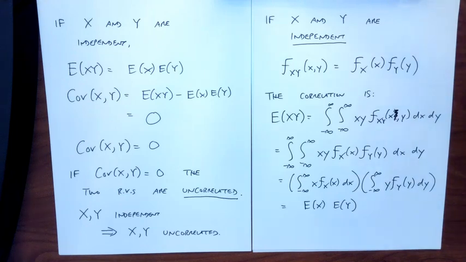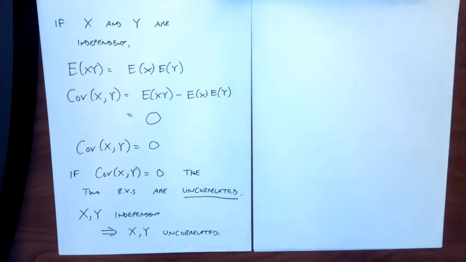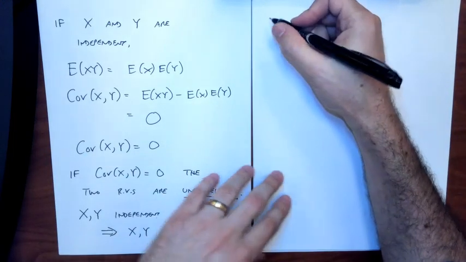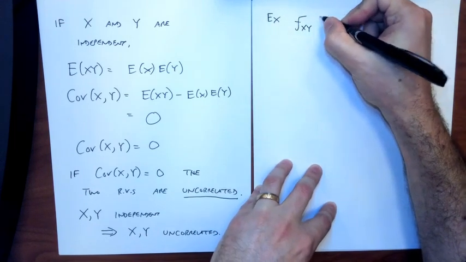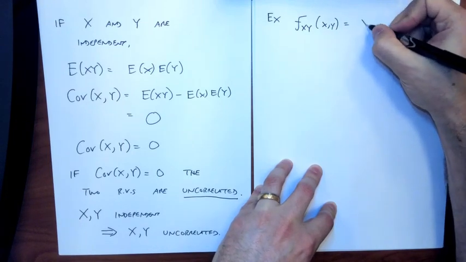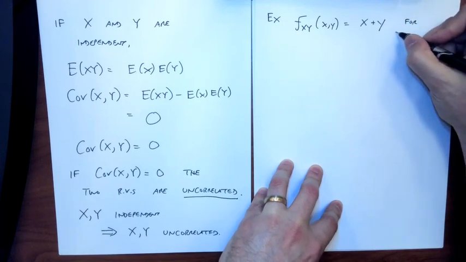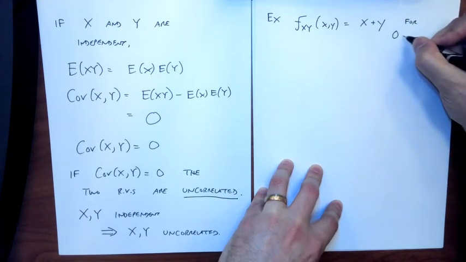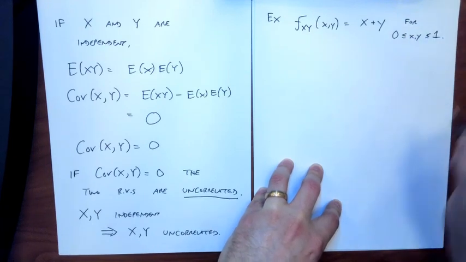So let me do a couple of examples of the crank and plug and chug procedure that you usually use to solve these kinds of problems, okay? So let's do an experiment, right? So let's suppose that I have a joint PDF that is equal to x plus y for x and y in the range 0 to 1.